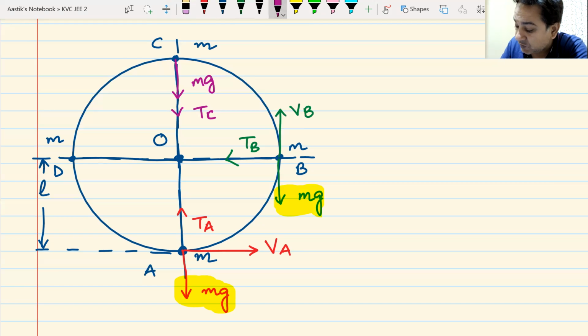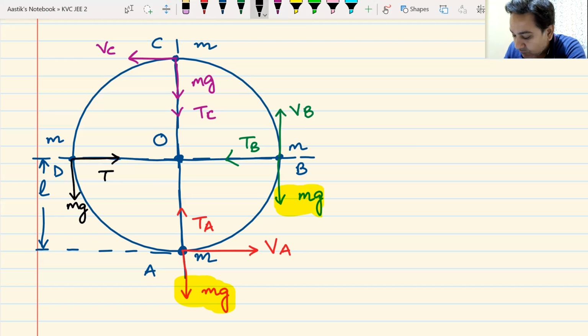Similarly, velocity at point C would be like this, and I will not draw point D because point D is similar. If you want, I can draw point D. Point D would be like this. Weight mg would be downwards. Tension TD would be like this, and the velocity would also be in the same direction. I will call it VD. Do we all agree on this?